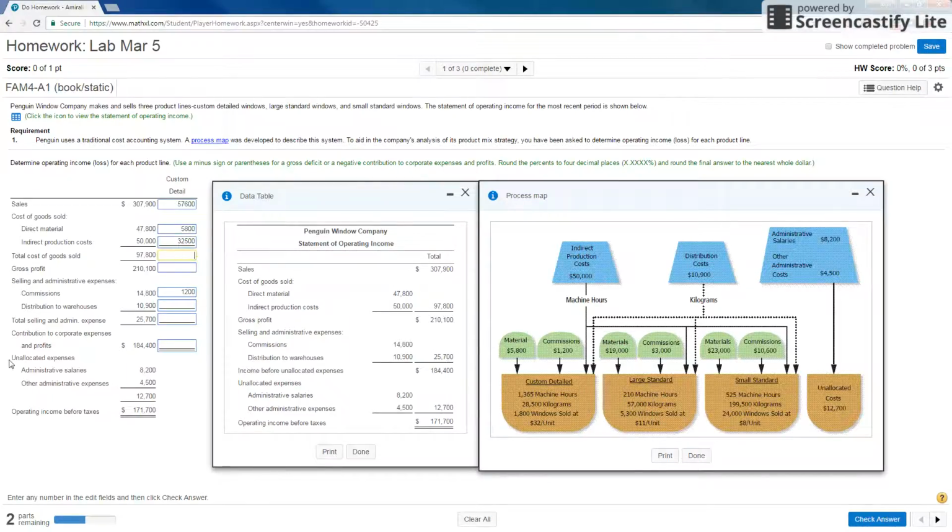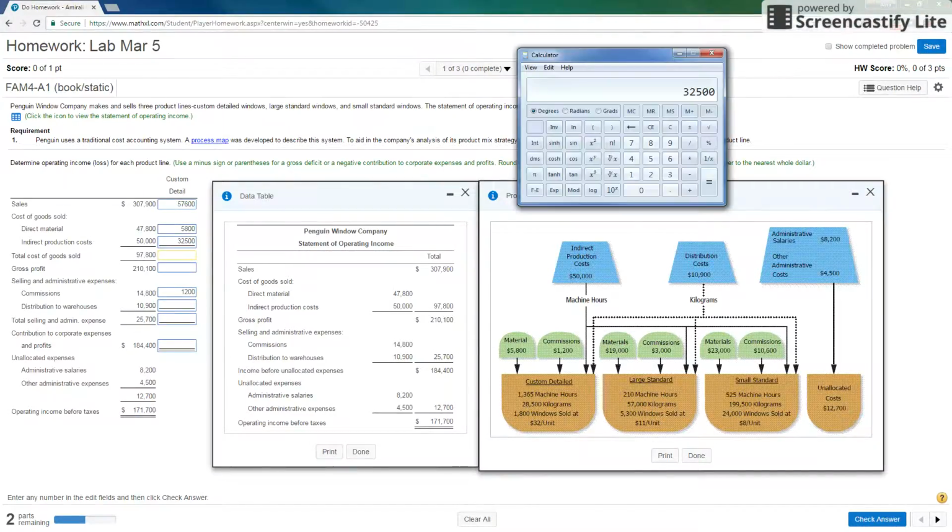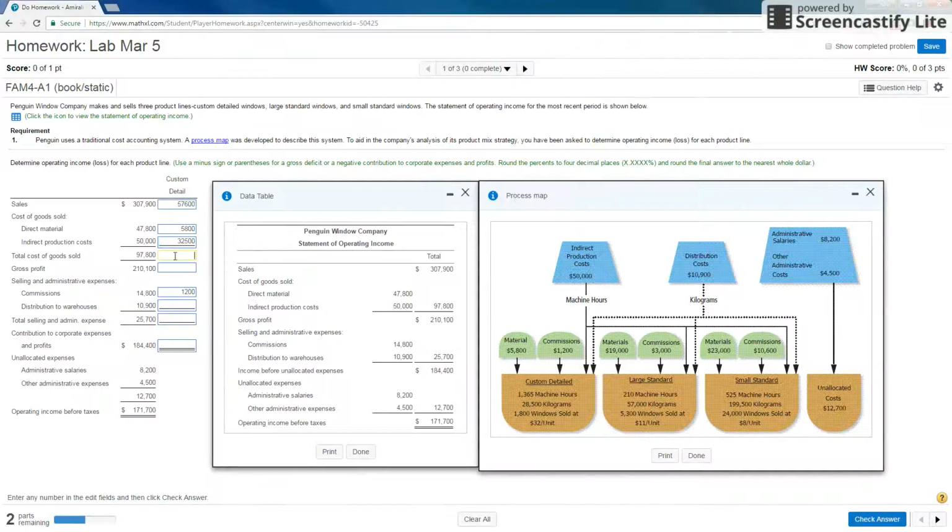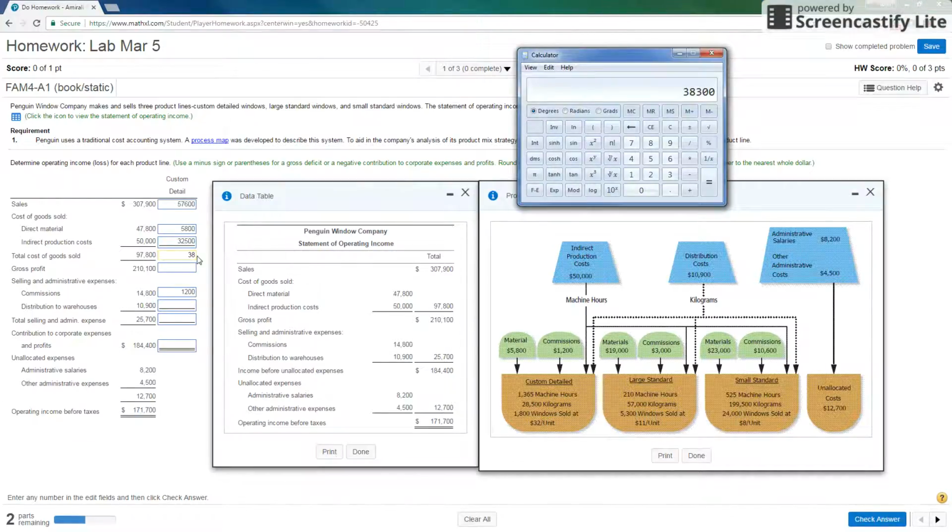So now total cost of goods. Total cost of goods is 5,800 plus 32,500, which is 38,300.